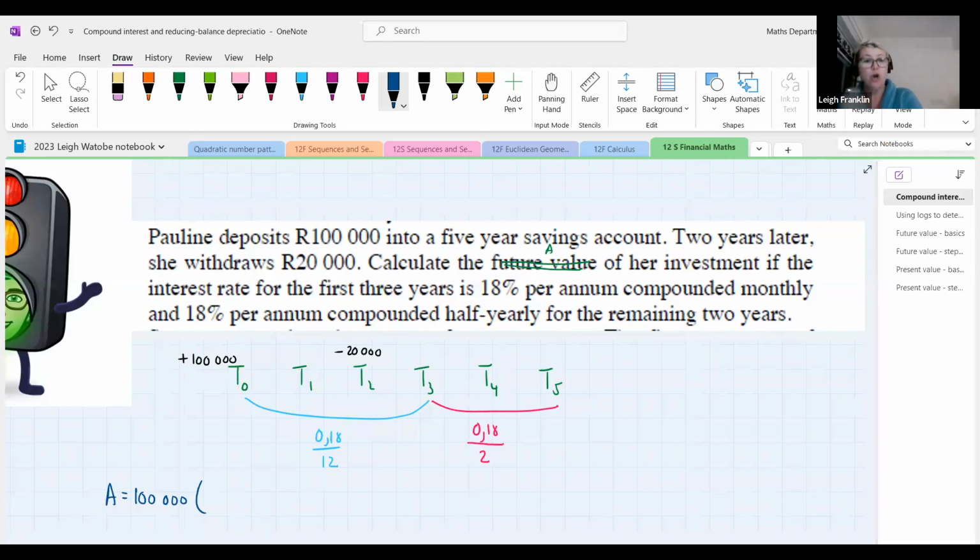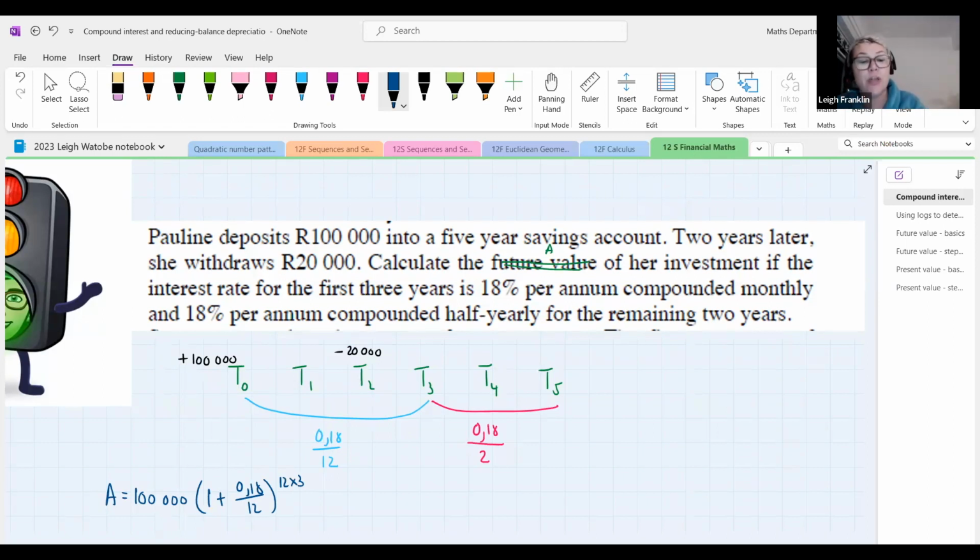All right, treat the withdrawal of 20,000 as a separate term. So in other words, the 100,000 grows at 18% per annum compounded monthly for the first 3 years. So this will be 12 times 3.